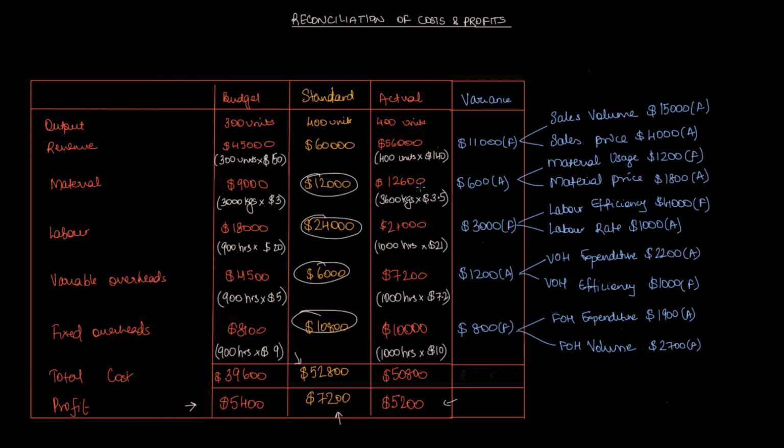But actual cost were different, and total of the actual cost is 50,800. So here there's a difference of $2,000. We will be reconciling this 52,800 to 50,800, and we'll be using these variances. We will be adding and subtracting the variances to the standard cost to arrive at the actual cost.